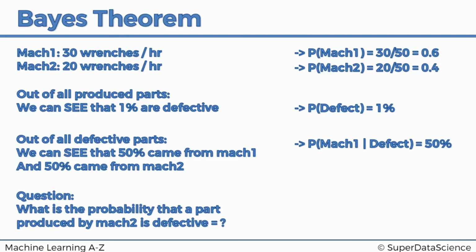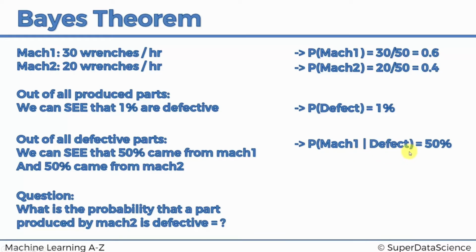P of machine 1 vertical line defect equals 50%. The vertical line in mathematical terms means given. So P of machine 1 means the likelihood or probability of a part coming from machine 1. Here it's the same thing, but given some condition. So this is the likelihood of a part coming from machine 1 given the condition that that part is defective.